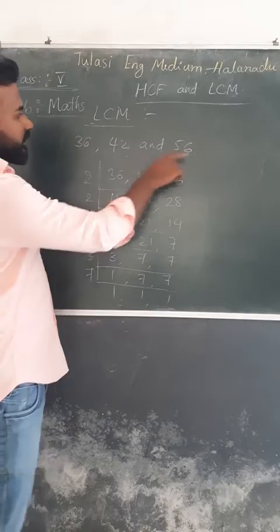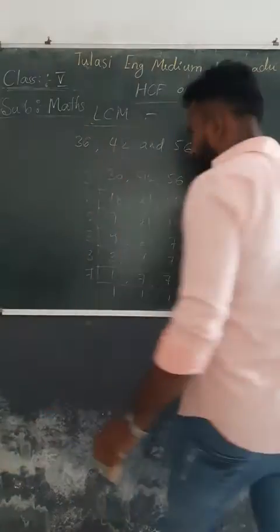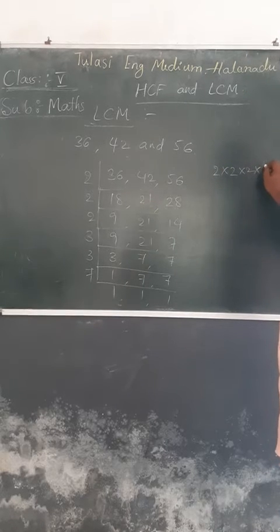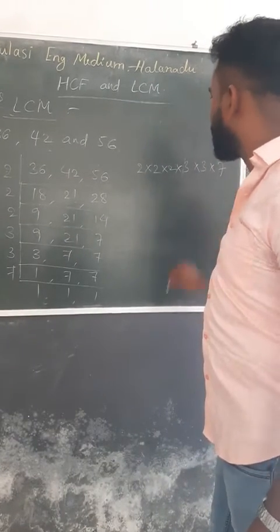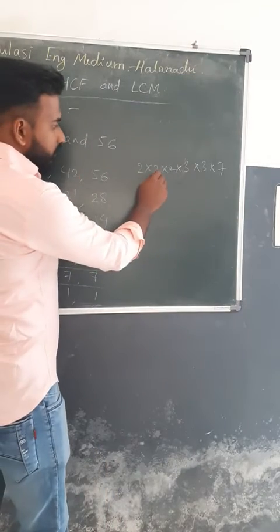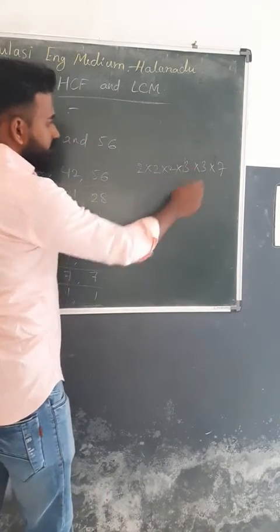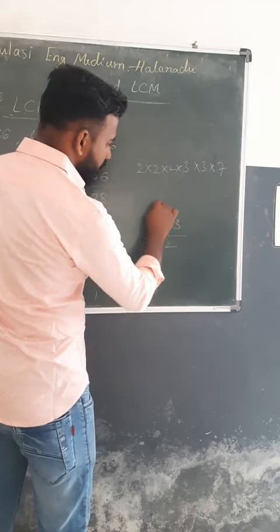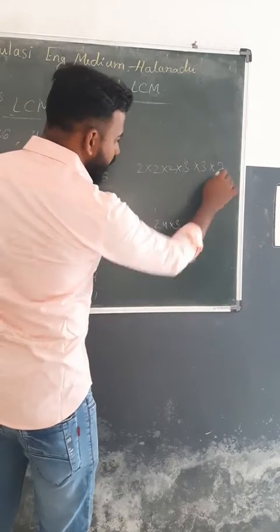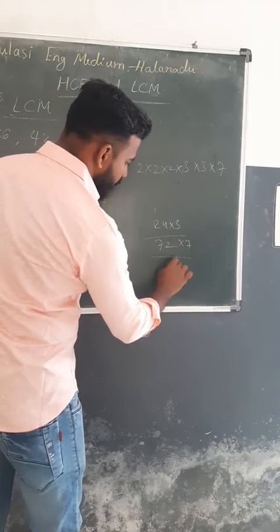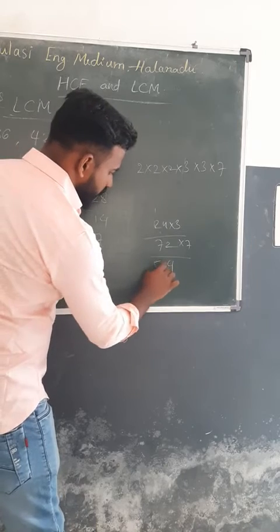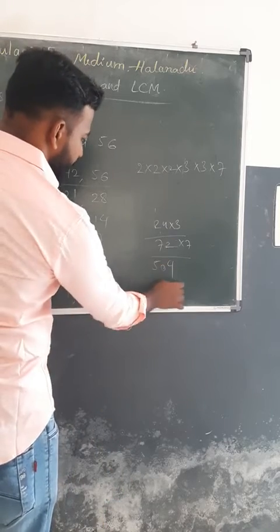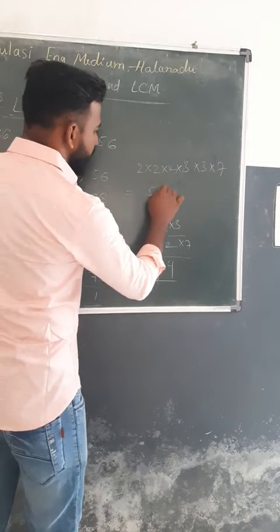So LCM of these three numbers, you have to write 2, 2, again 2, 3, 3, 7. 2 2s are 4, 4 2s are 8, 8 3s are 24, 24 into 3, 72, into 7, 504.